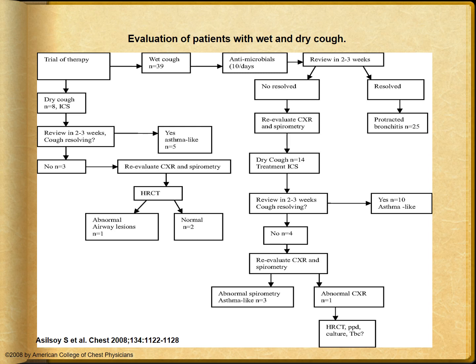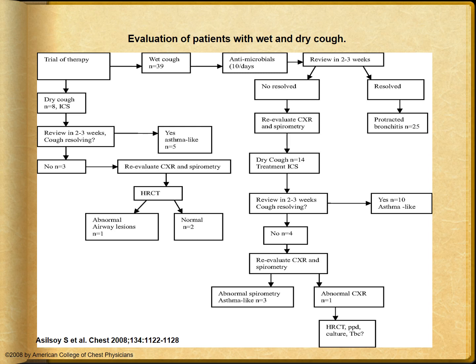If a cough isn't resolving, then you want to reevaluate by ordering a chest x-ray and spirometry testing. You can also consider getting a CT scan and think about some abnormal lesions that could occur in this patient.